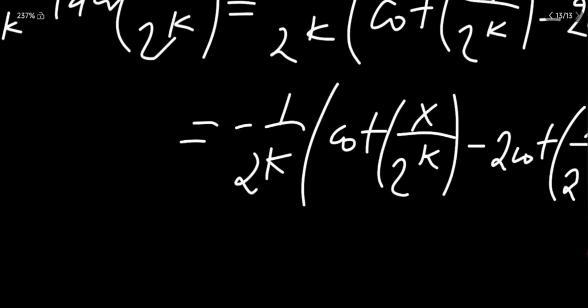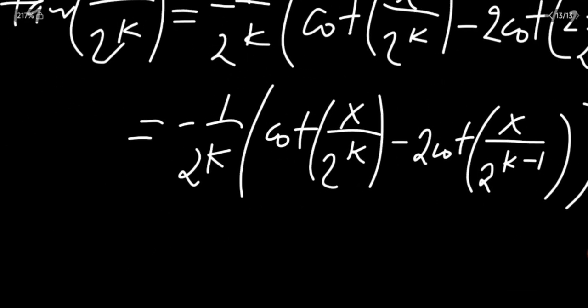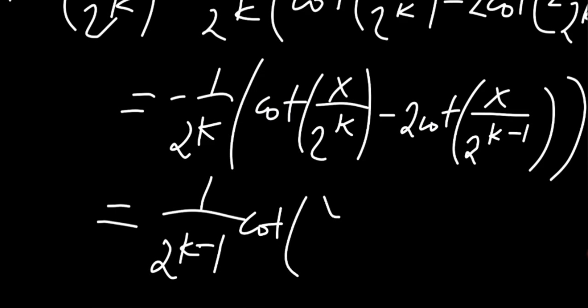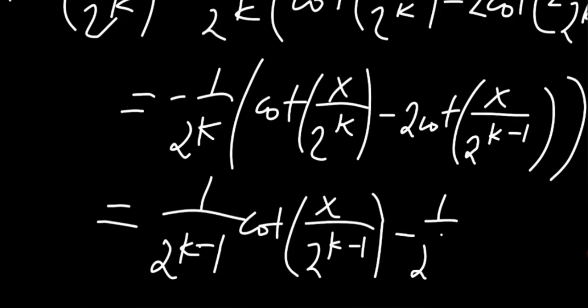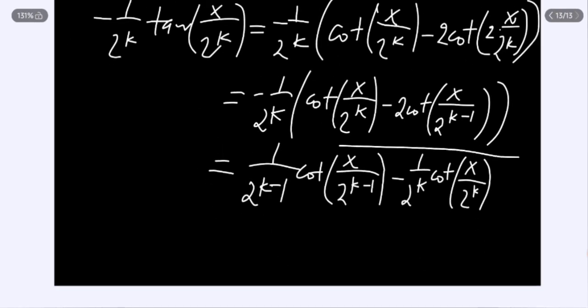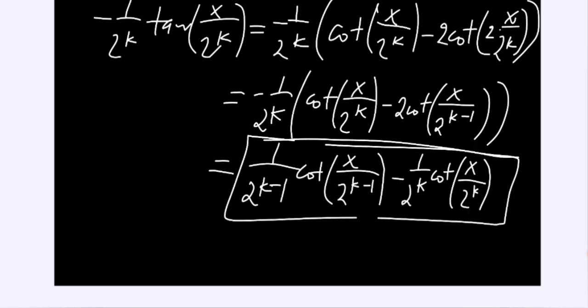And if we simplify it more, we should get positive 1 over 2 raised to k minus 1 cotangent of x over 2 raised to k minus 1, minus 1 over 2 raised to k cotangent of x over 2 raised to k. Okay, so this is now the equivalent of our function in the summation symbol.